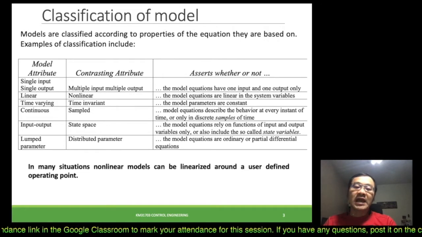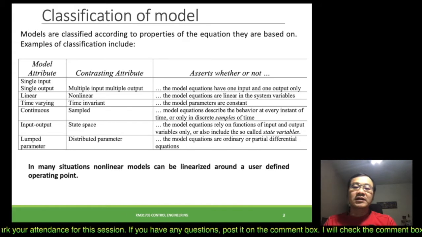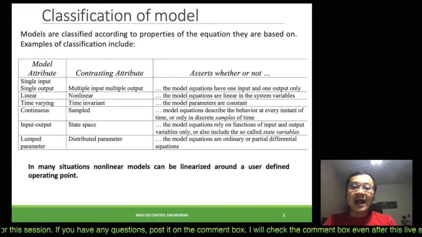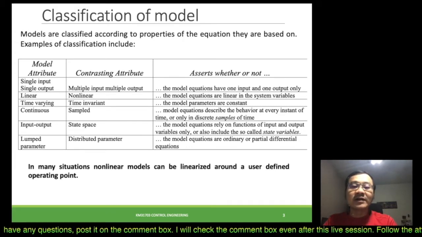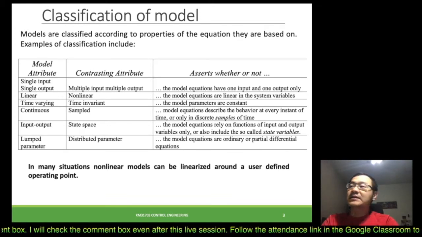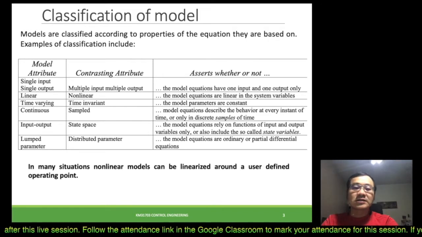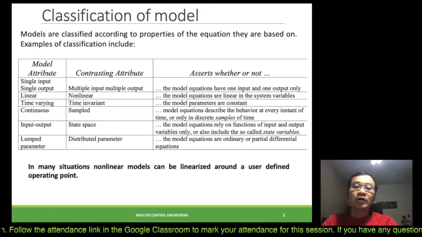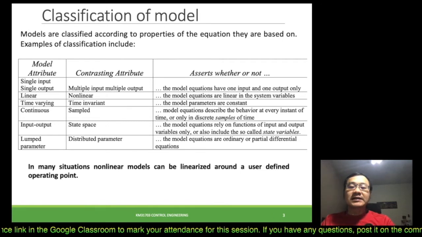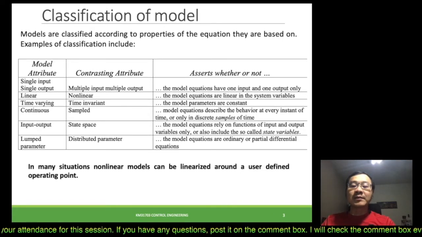Also, the model can be a linear model, or a time-dependent or time-varying model. It can also be categorized as continuous as opposed to a sampled or discrete model, input-output type, and also a lumped parameter type.